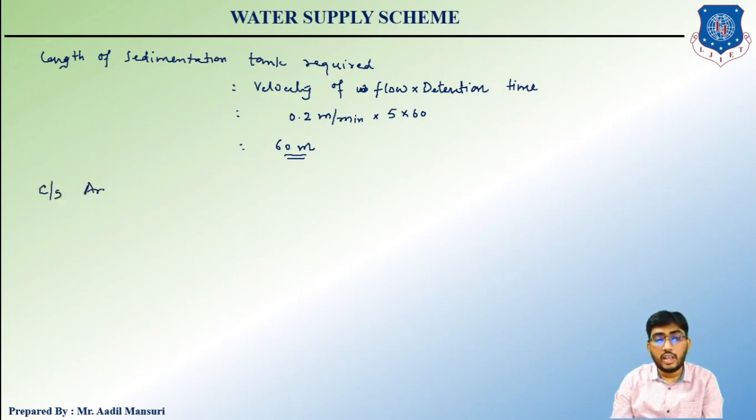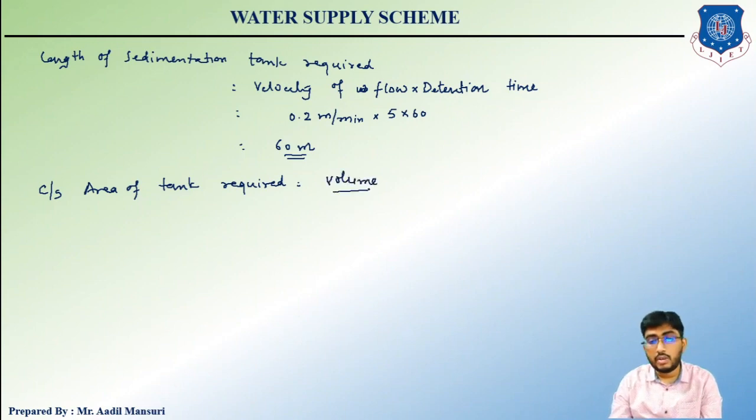Next step, cross sectional area of tank required. This will be equal to volume by length. What is the volume required? It will be L into V into H upon L. So that will be equal to 2500 divided by length, that is 60.